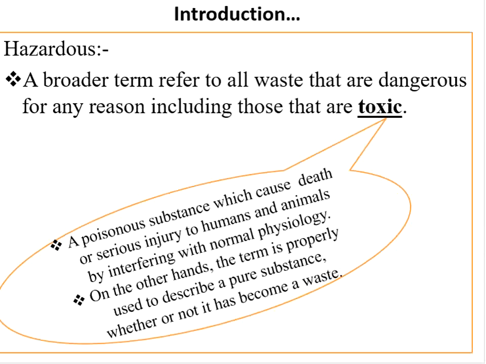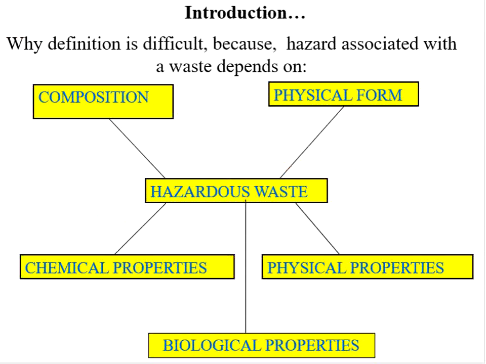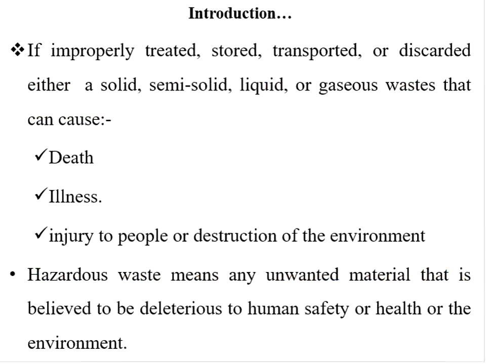On the other hand, the term is properly used to describe a poisonous substance whether or not it has become waste. Why is the definition difficult? Because hazards associated with waste depend upon composition, physical form, chemical property, physical property, and biological property.